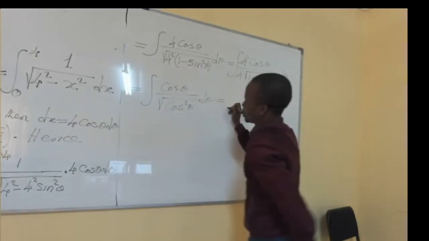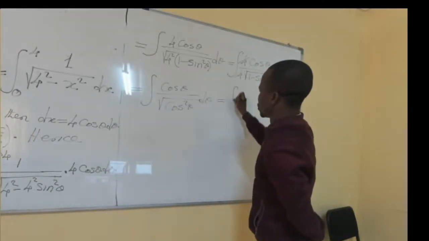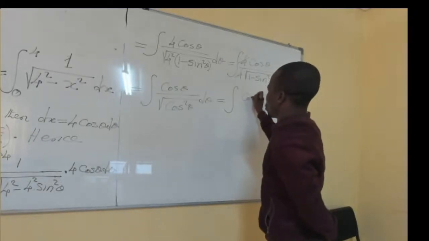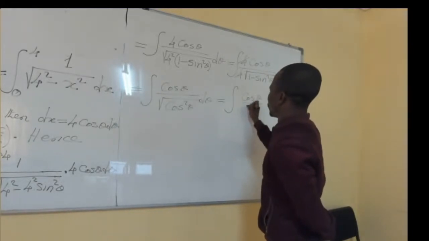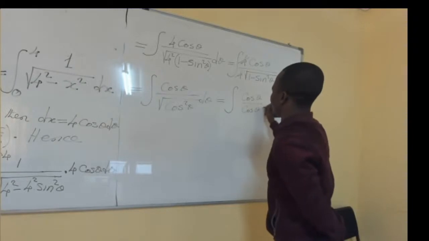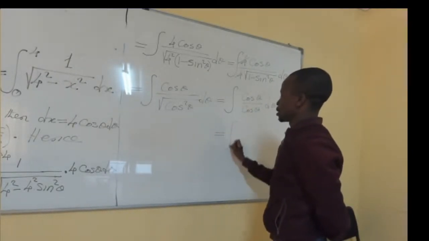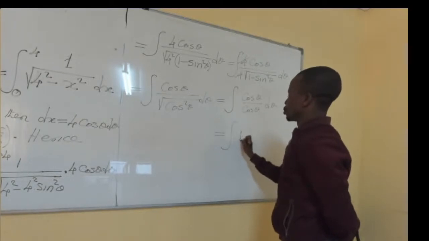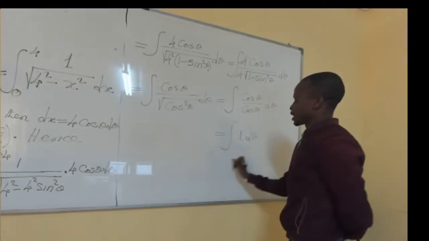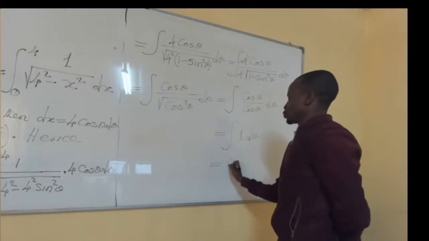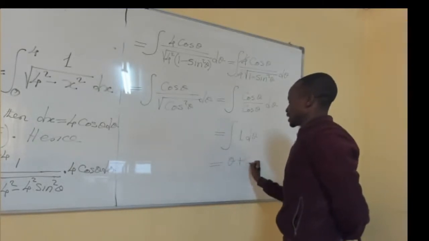So this is going to give us the integral of cos theta over cosine of theta d theta, which gives the integral of 1 d theta, which is equal to theta plus c.